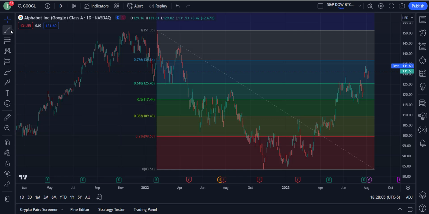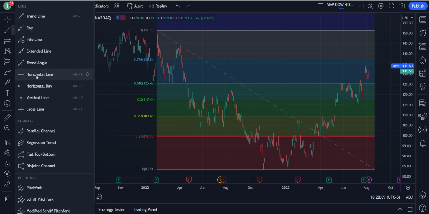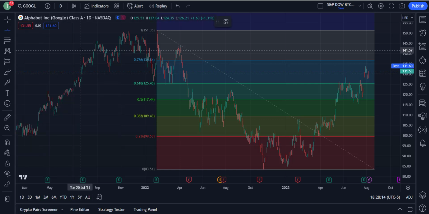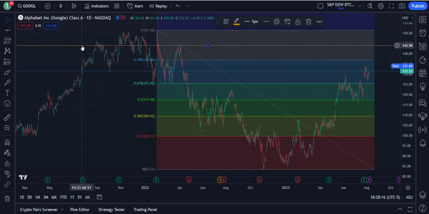Let me make a horizontal ray just so you can see this clearly as well. I love using these because it's a horizontal line, and it just makes it all so clear. So at 143.98, that would be testing the last peak. And that's only about $12 away, just shy of a 10% move.